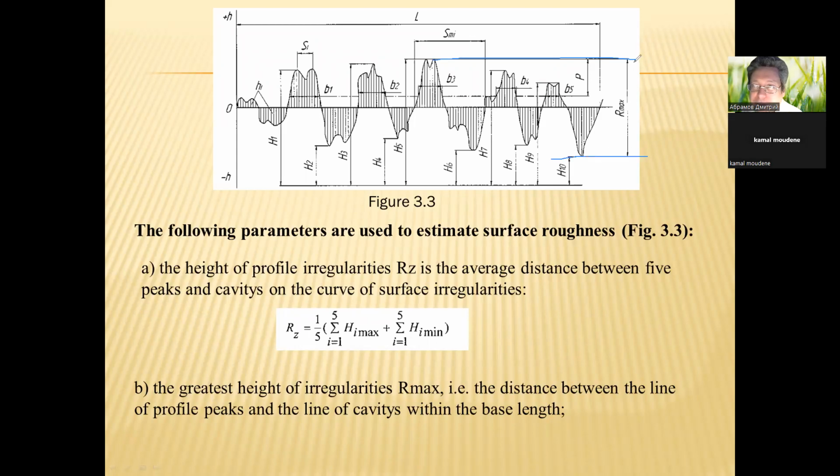And the distance between the two lines is parameter R suffix maximum. It's the greatest height of irregularities. All this within the base length. Base length is this distance on the figure, big L. It's the base length of surface.